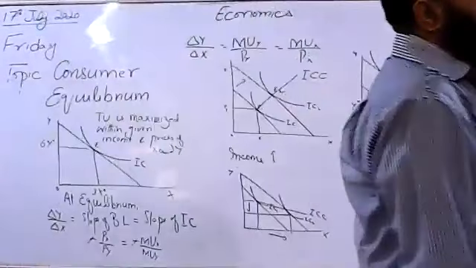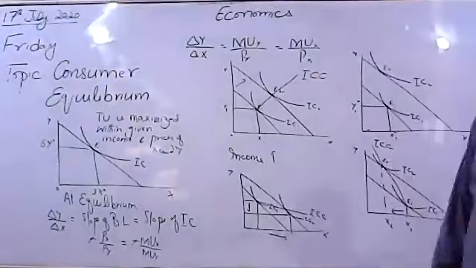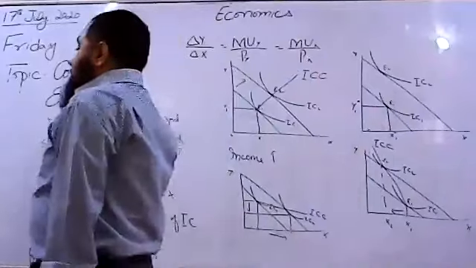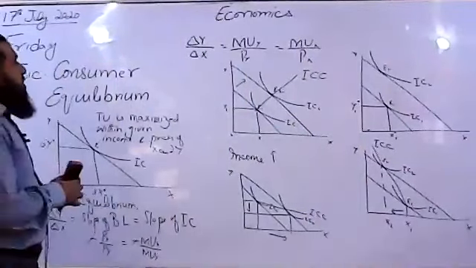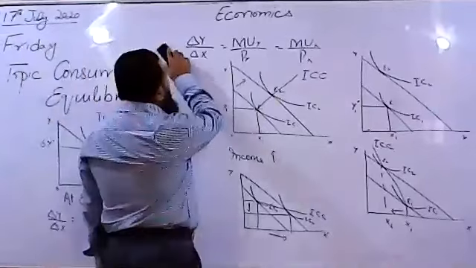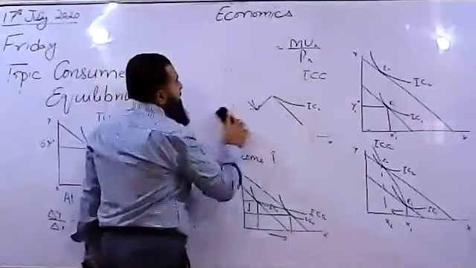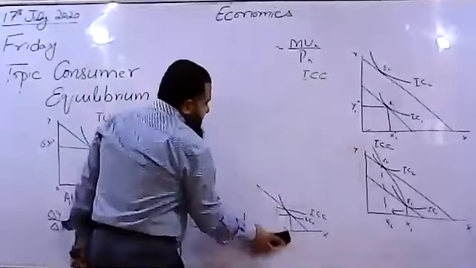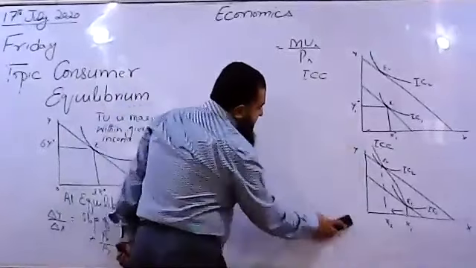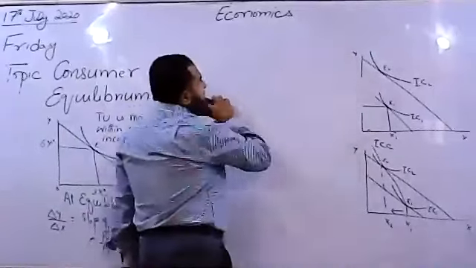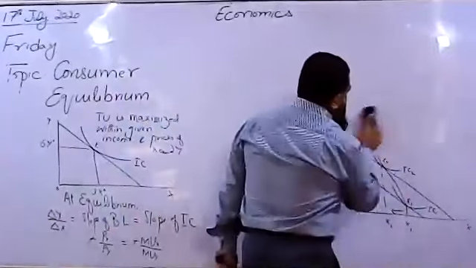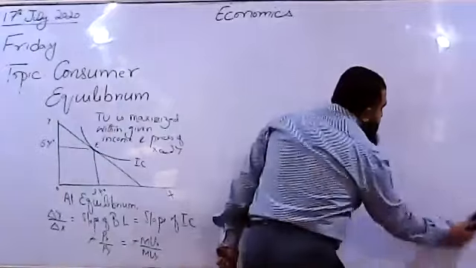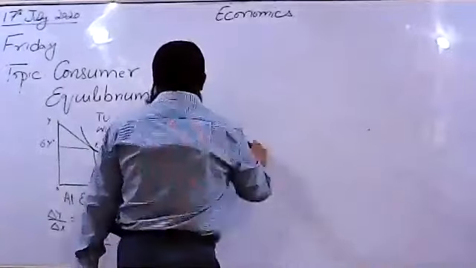Okay, so these are different types of income consumption curves due to changes in the income of consumers. What income has changed? The nominal income. I haven't said anything about real income changing, because real income will be changing due to the changes in the prices of the two goods.